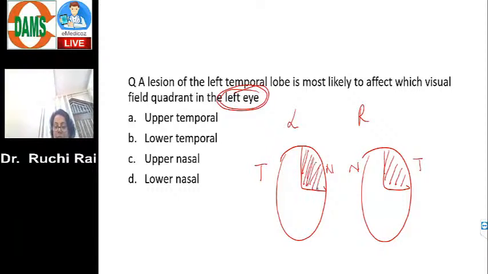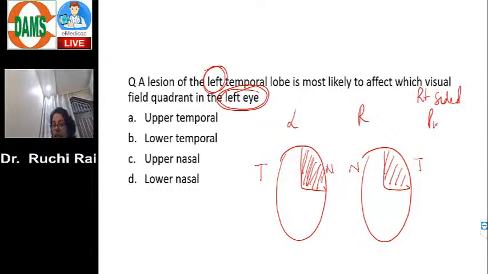pie in sky, we will make a right-sided pie in sky, because it is a left temporal lobe lesion, we will make a right-sided pie in sky, isn't it? So right-sided pie in sky is what we have just drawn for you. So if it's a right-sided pie in sky, what will we say? Upper nasal of the left and upper temporal of the right.